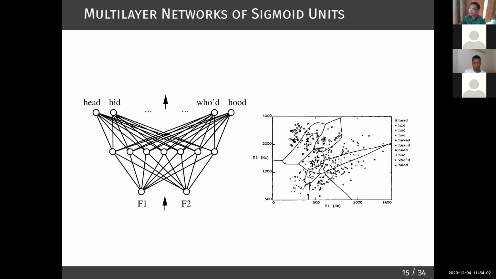Again, multi-layer neural network or multi-layer perceptron. Now we consider the sigmoid units, which are a different kind of decision-making process. In this case, it is much more capable compared to the multi-layer perceptron.